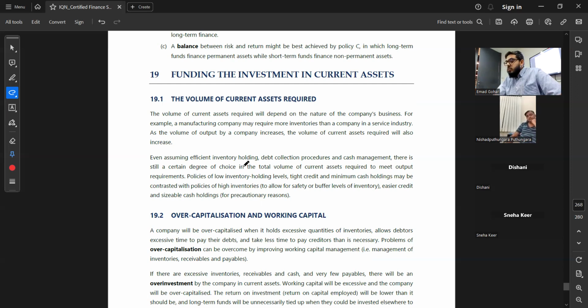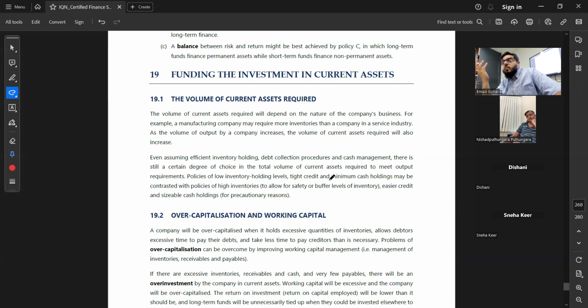And that's why we calculate something called the current ratio. Remember, current assets divided by current liabilities. So, can anyone tell me how much the current ratio should be? Best practice, 1.2, more than 1. More than 1.